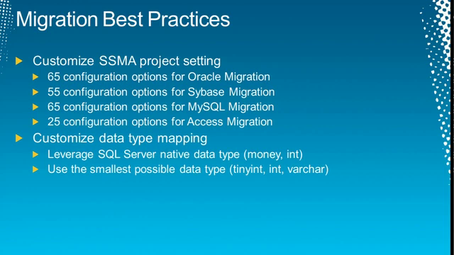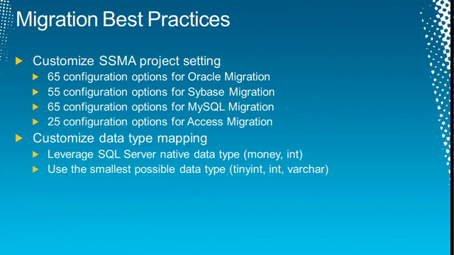The second is to customize your data type mapping. Again, SSMA provides the default, but you want to take advantage of the native data types in SQL Server, like money, which is not available in Oracle, and SQL Server is much more efficient at saving values in those data types. You also want to use the smallest possible data type.